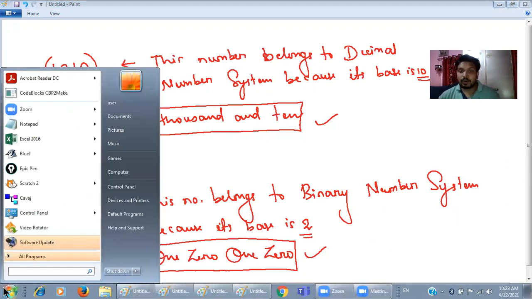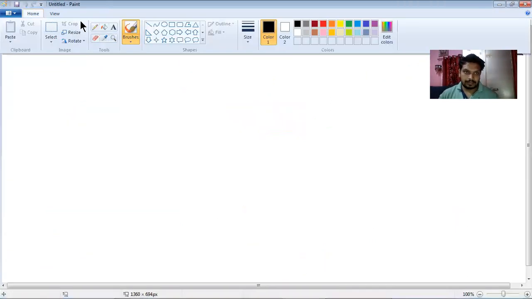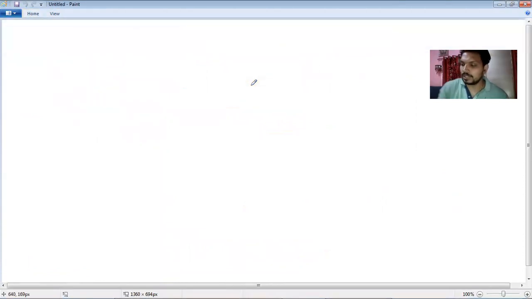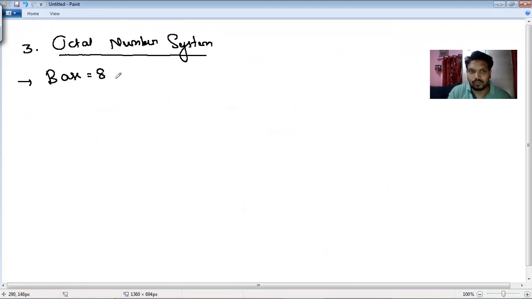Now let us discuss about the octal number system, the third number system. In octal number system, the base value is 8. Why?